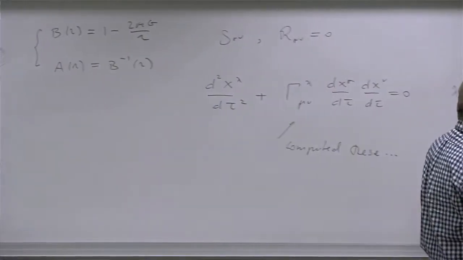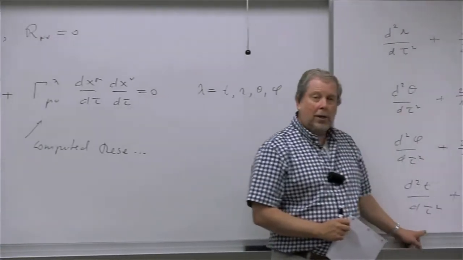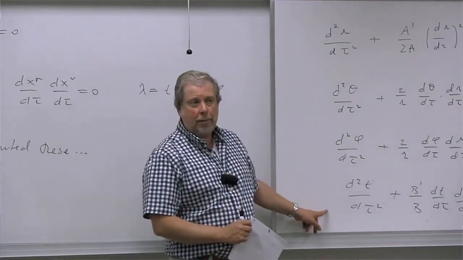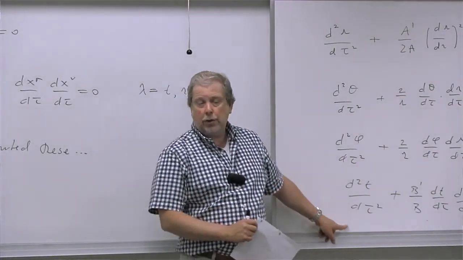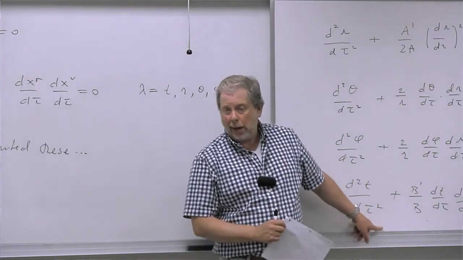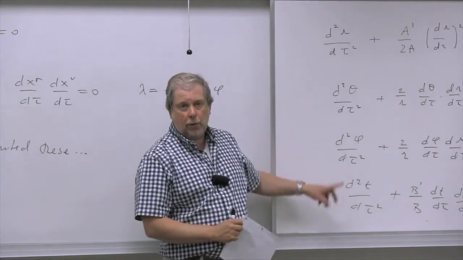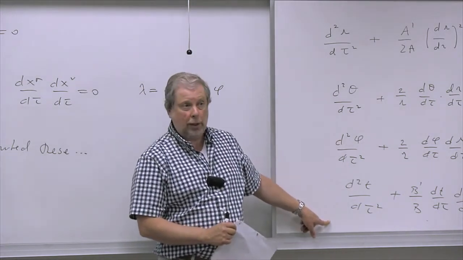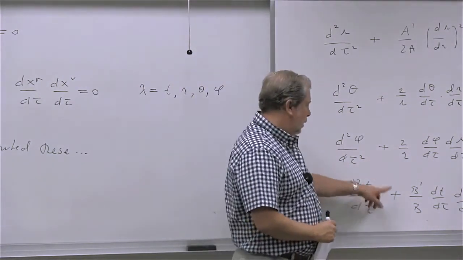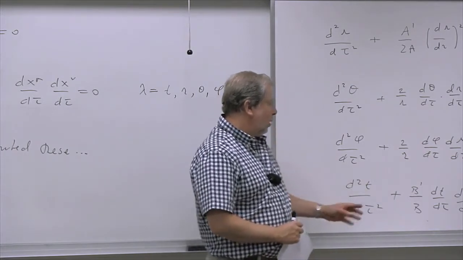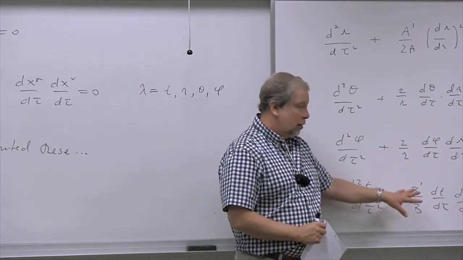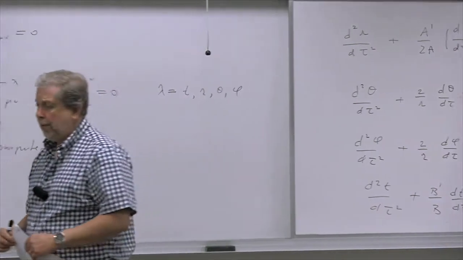So the new ingredient here is that you're writing everything in terms of the proper time. And the last equation is going to allow us to replace the proper time that appears in previous equations by the actual coordinate time. In fact, it will be easy to solve, because the structure is fairly simple.